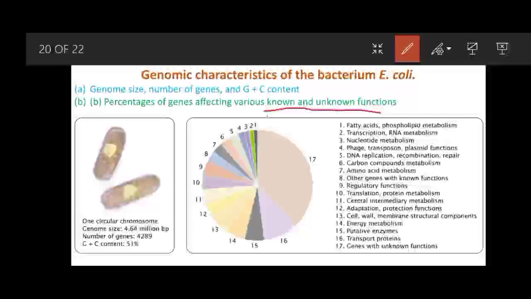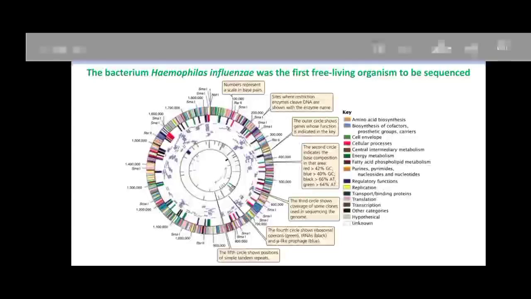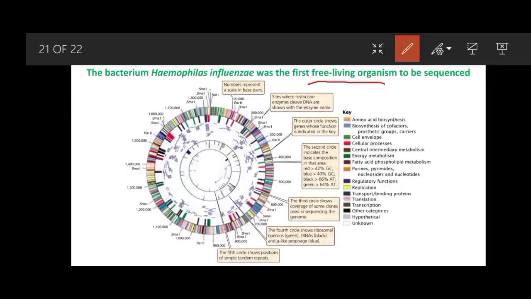And similarly, the bacterium Haemophilus influenzae was the first free living organism which was sequenced, and this is the map of the genome of this bacterium.